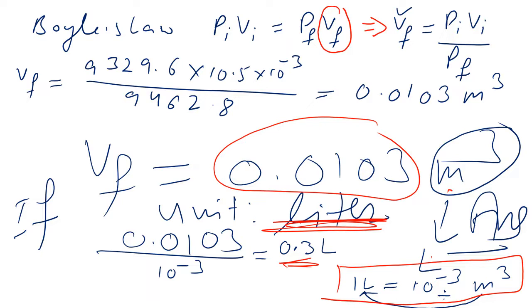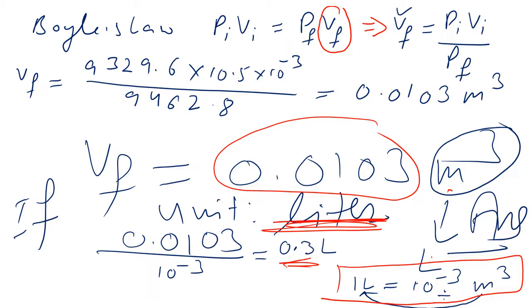If I change this equation, it will come like this: Vf is equal to Pi Vi over Pf. First you have to rearrange the equation. Which parameter you have to find, you keep this side and all others on the other side.